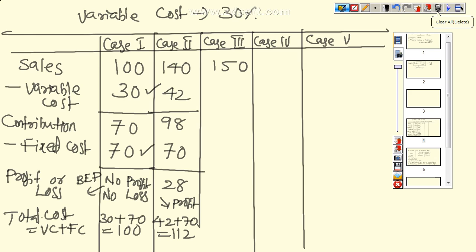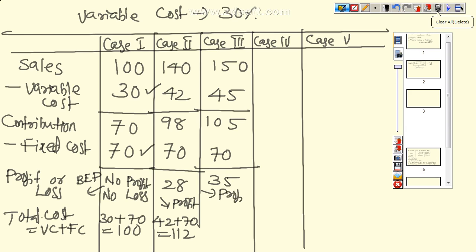Now case 3, again I am increasing my sale to 150. Here 30% of 150 is equal to 45. Sales minus variable cost is my contribution, 105. Here again fixed cost 70, now I am getting a profit of 35. So total cost is equal to 45 plus 70 is equal to 115.